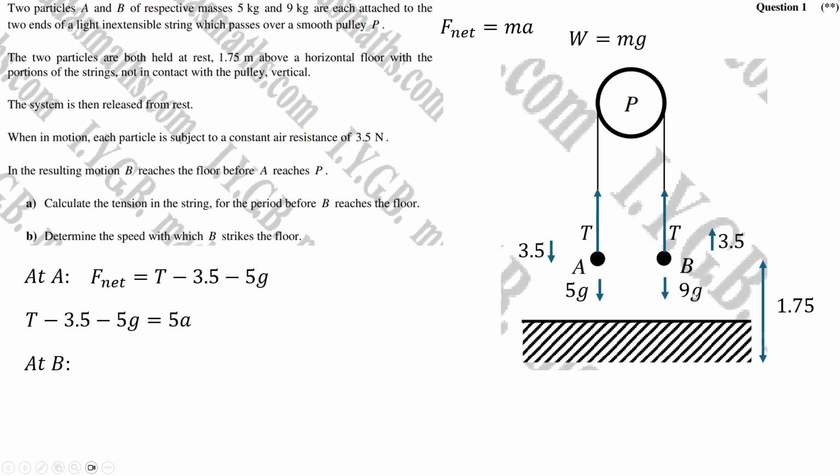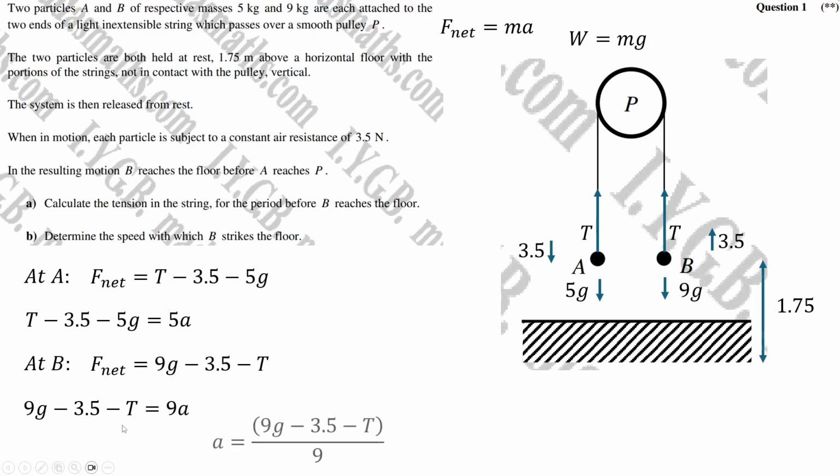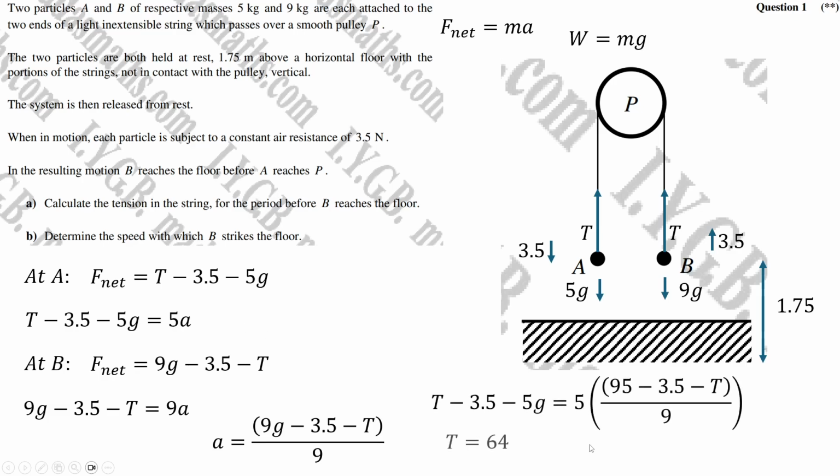So it's 9g, take away 3.5, take away T. That's the net force, and it equals its mass 9 times acceleration a. Because both of these particles are connected, they're going to have the exact same acceleration. So if we rearrange for a for one of them and put it into the other, you can calculate T, which is 64.